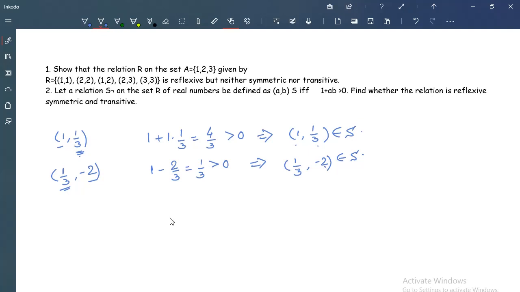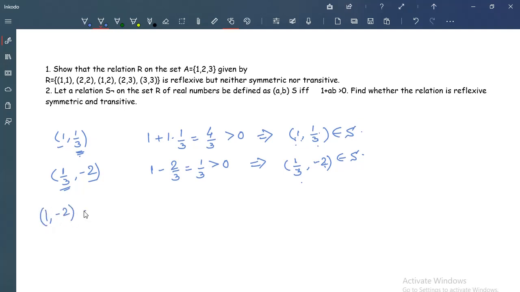Now, if the relation S is transitive, then 1 and minus 2 should be related, otherwise not. Now, 1 is related to 1 by 3, 1 by 3 is related to minus 2. Are 1 and minus 2 related or not?